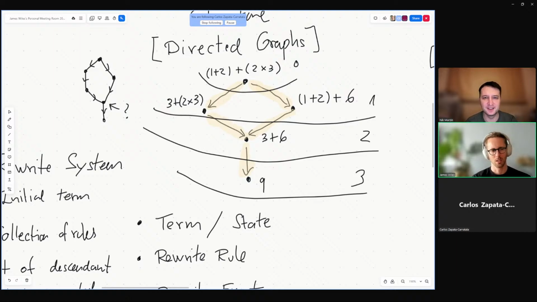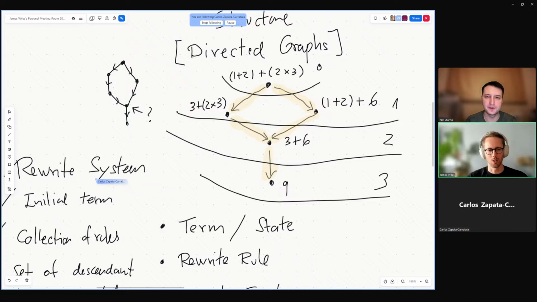Well, they may still reach confluence, right? But the events themselves apply to the same subterm. They're different rules, or maybe different outputs of the same rule. There's some ambiguity of applying an event to a term, so you can't just apply them in parallel. You have to choose the order, either one or the other. The order of updating becomes important.